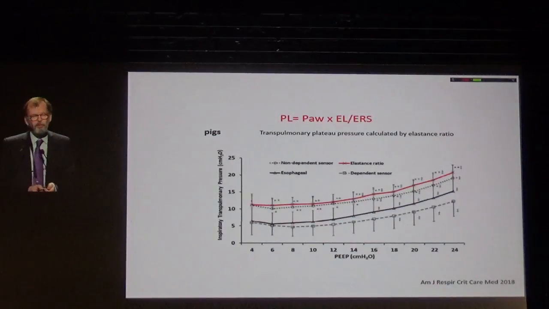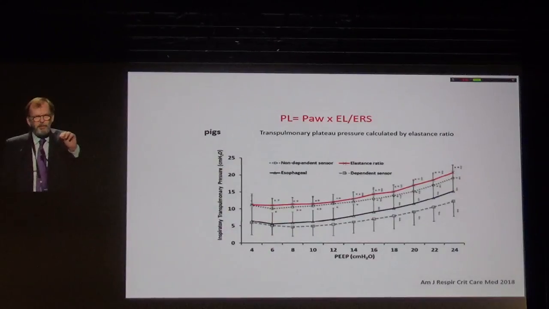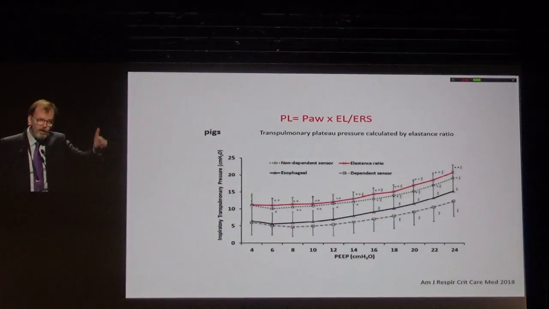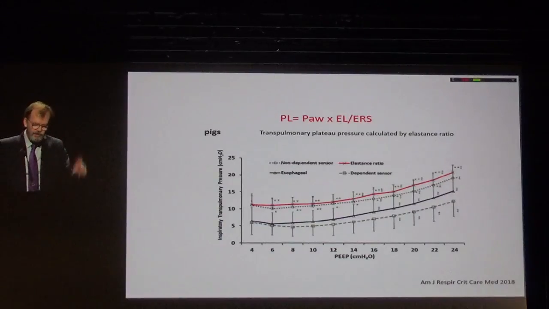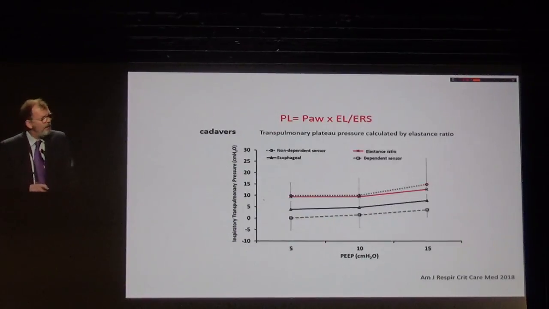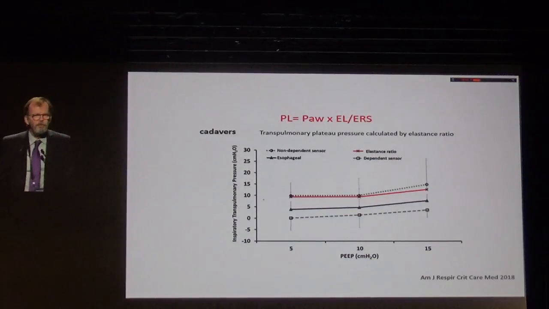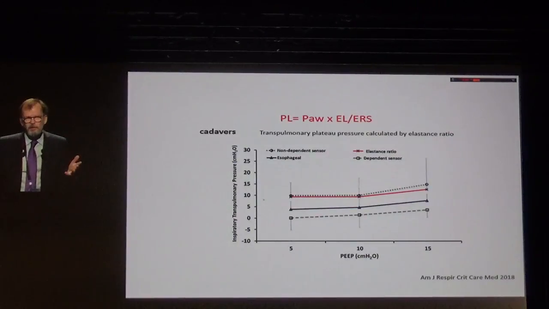And interestingly, when we went back to our data in pigs, we found that calculating the transpulmonary pressure based on the elastance ratio, so not based on the absolute value, gave a value very close to the non-dependent regions. And same thing in cadavers. Not exactly at 1 centimeter of water, but very close.